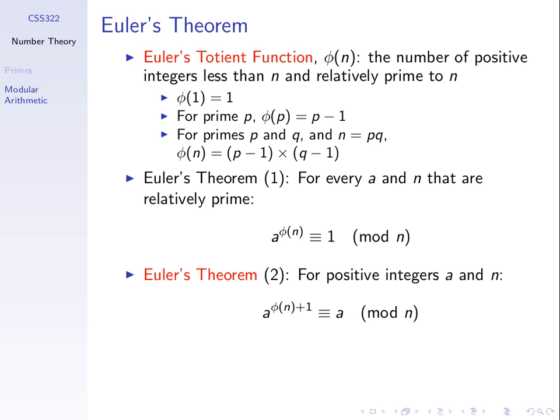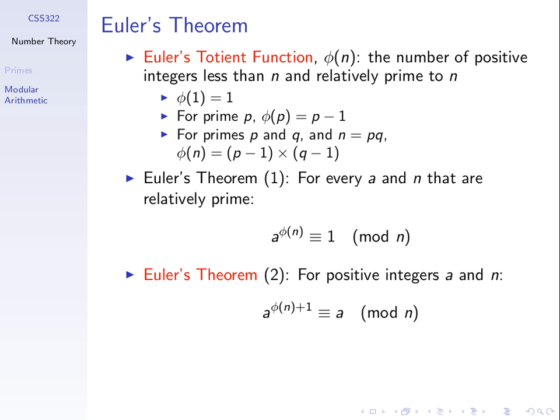Totient of 19 is 18, because 19 is a prime number. We have another shortcut, and we make use of this shortcut in one of our ciphers.